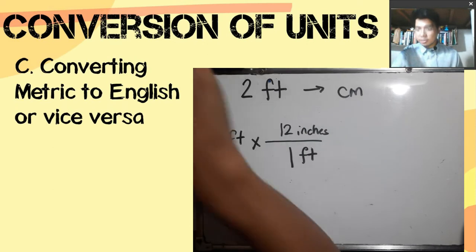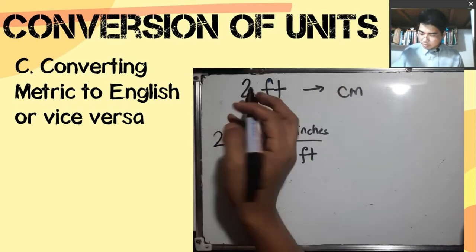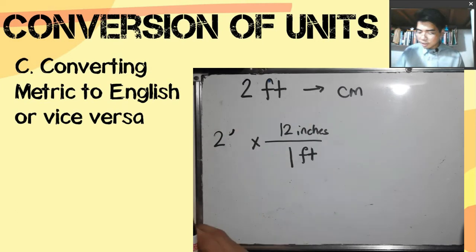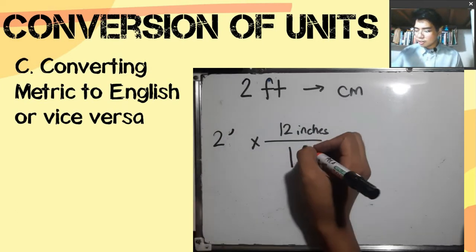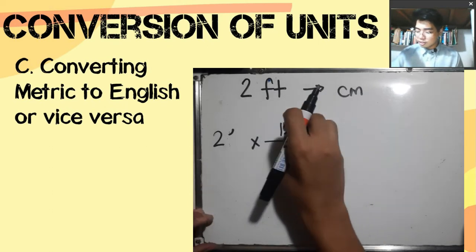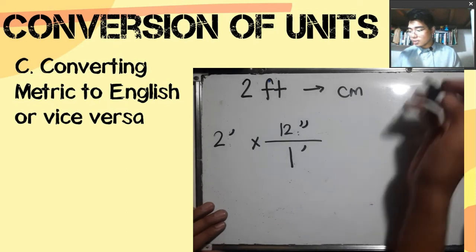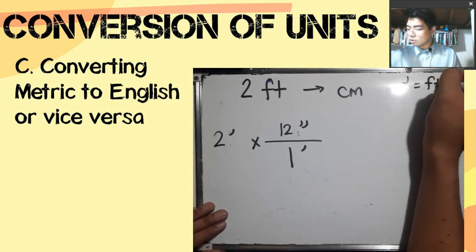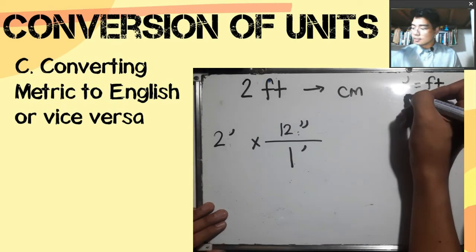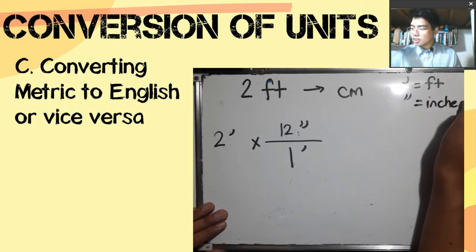Or, let's simply use this: 12. They are using one apostrophe to represent foot, while two apostrophes to represent inches. Once again, one apostrophe is equivalent to foot or feet. Then two apostrophes are equivalent to inches.